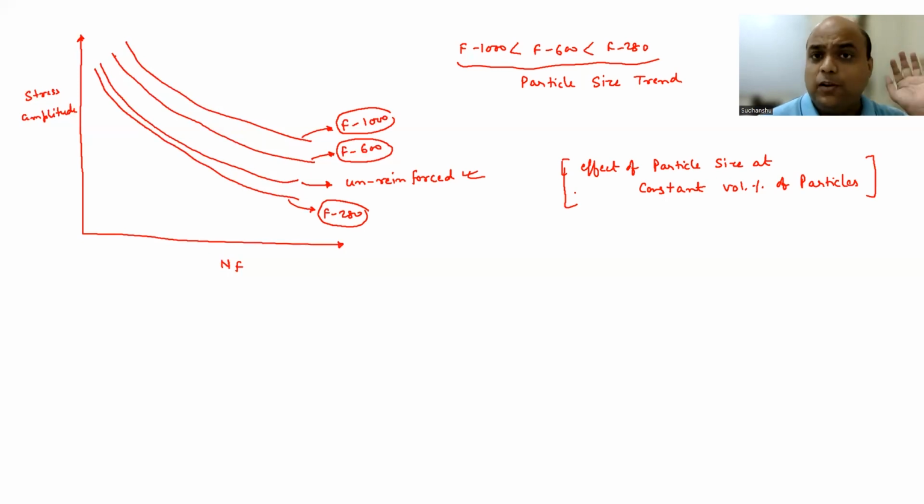But overall, if your particle size is small, then the MMCs are going to behave better both in monotonic loading as well as fatigue loading. Okay. So this is what we discussed about the S-N curve. Now let's talk about the fatigue crack growth. So fatigue crack propagation. Okay.